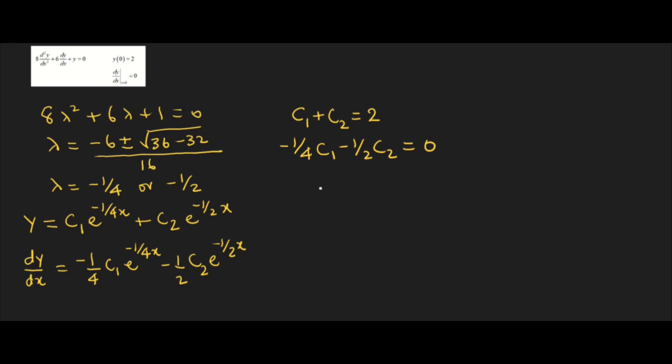We can solve this as a pair of simultaneous equations in c1 and c2, and we get a solution c1 equals 4 and c2 equals minus 2. And we can now use these to eliminate the constants of integration to get our particular solution, which takes the form y equals 4 e to the minus a quarter x minus 2 e to the minus a half x.